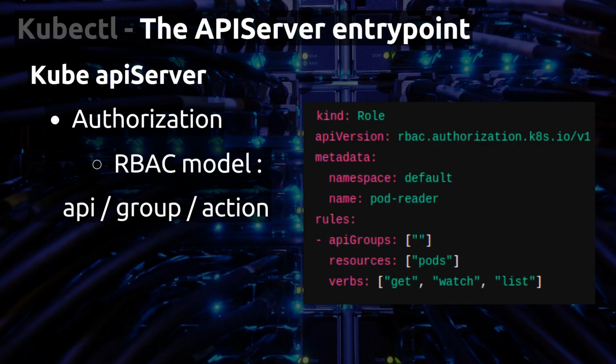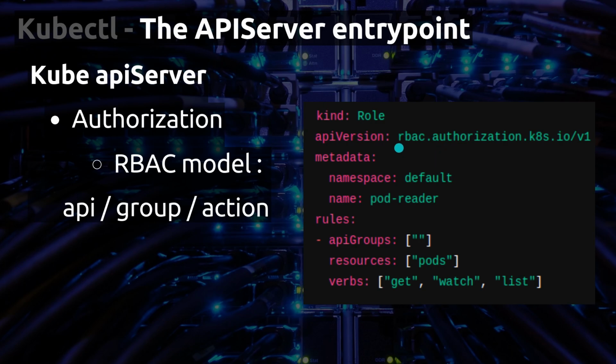Now the authorization mode, of course, uses the RBAC model, and this is just a screenshot of a role in our cluster. In this role, we have three important elements.